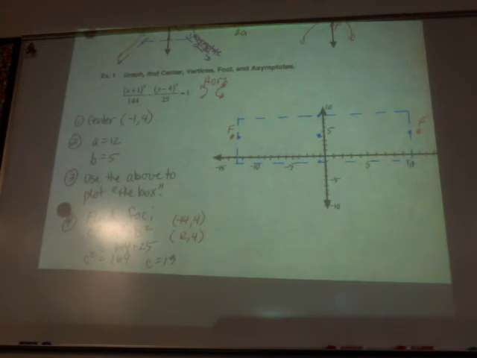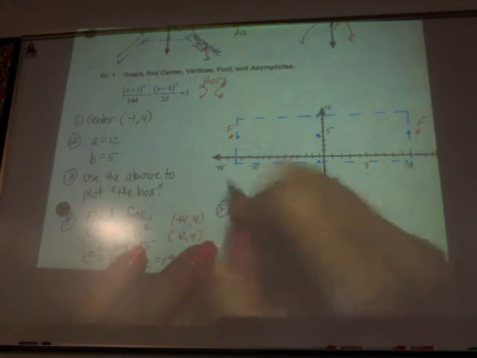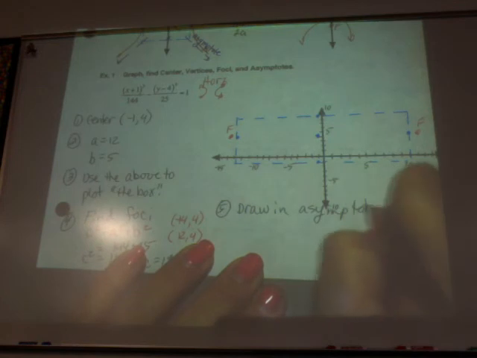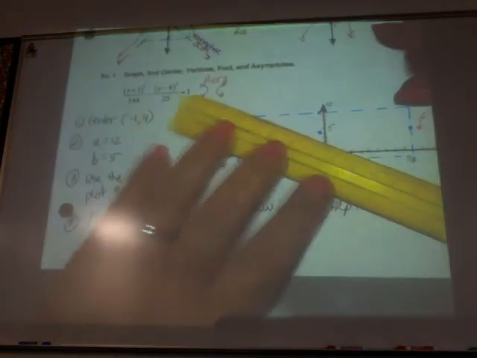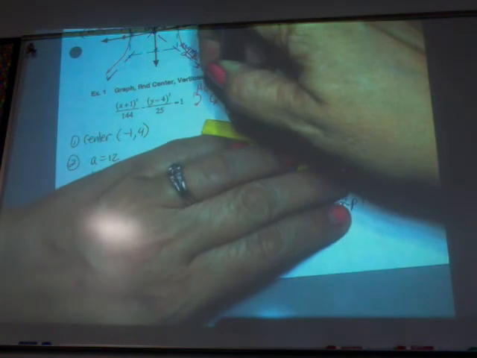And then before I can draw my ellipses, I have to put in my asymptotes. So step 5 would be to draw in asymptotes. I'm going to do that in purple. So just go from corner to corner and draw a dotted line.